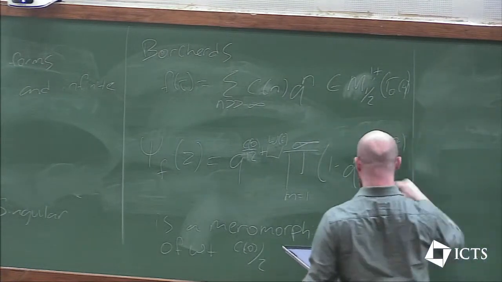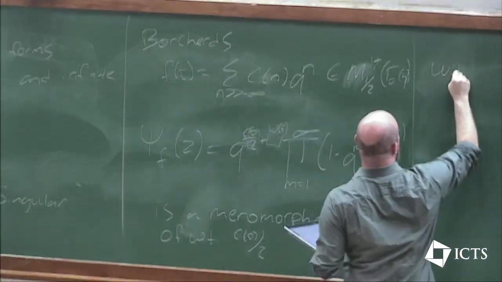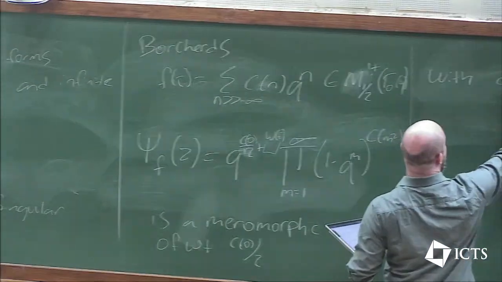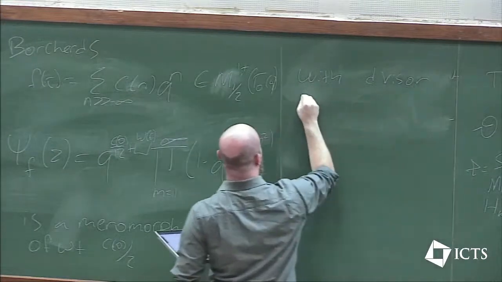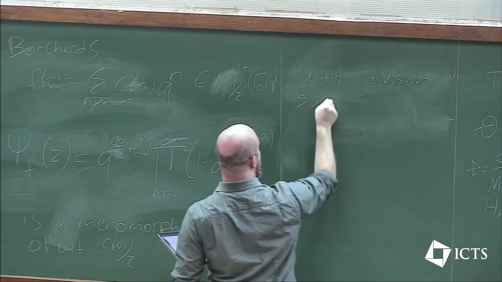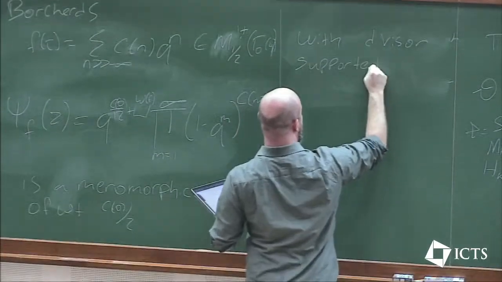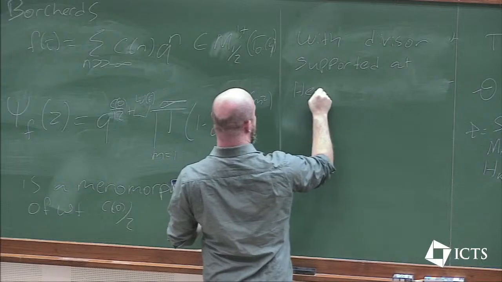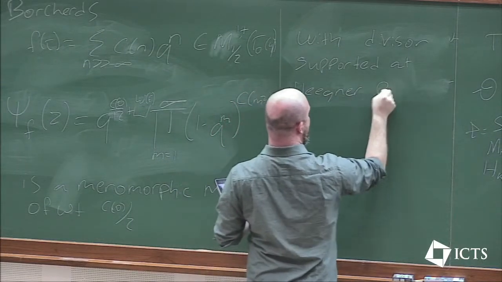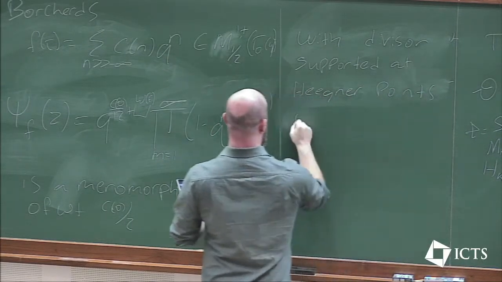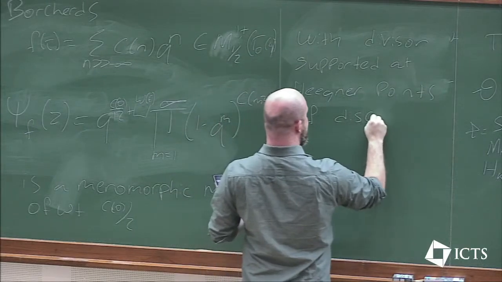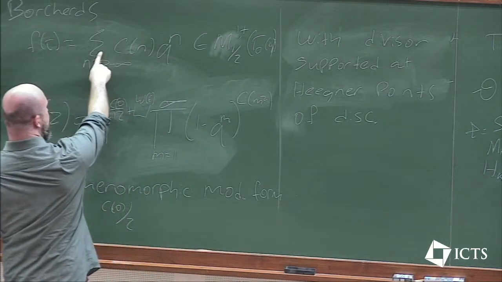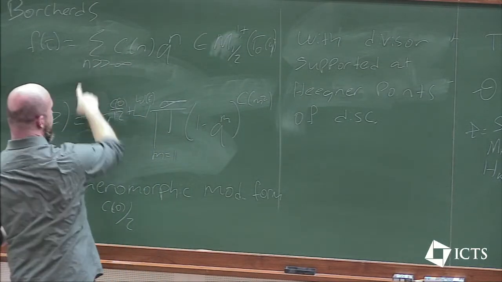And specifically with divisor supported at Heegner points of the discriminants given by these terms in the principal part of our function f.